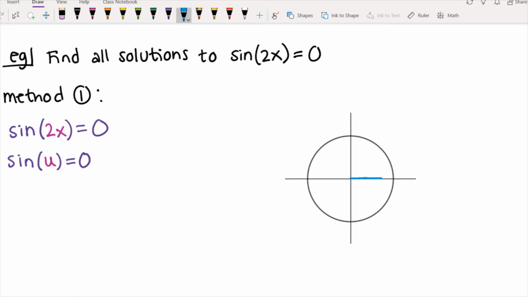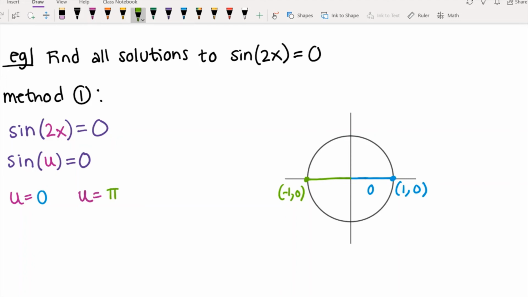So one angle that would work would be an angle of 0, and another angle that would work would be an angle of pi, right? Those are both angles where sine of that angle is 0. And so we have two solutions here. One is 0, and the other solution is pi.